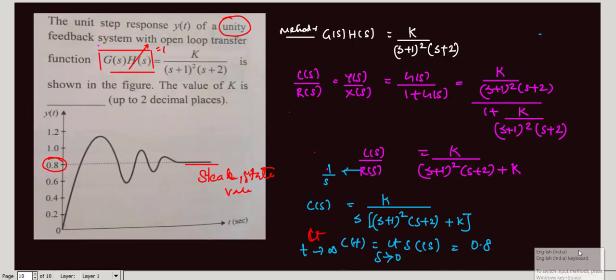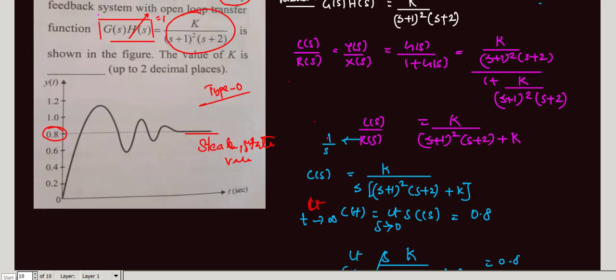Now we know what steady state error is. First of all, what is the type of the system? This is a type 0 system. For a type 0 system with a unit step input, the steady state error equals A by 1 plus Kp.